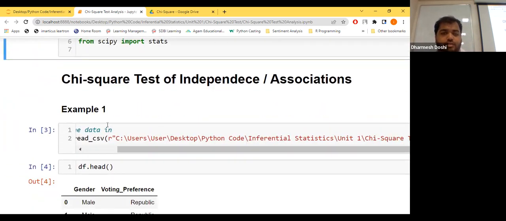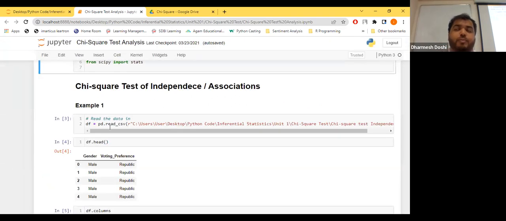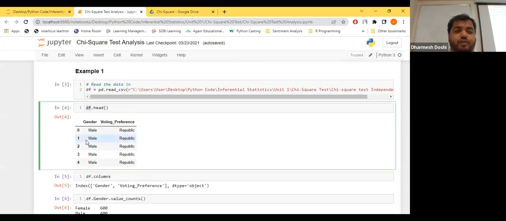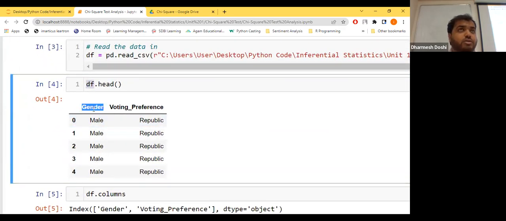First, I import the data, guys. Same thing we have solved prior also, chi-square test of independence. I import data, df, where every person gave votings gender-wise. Here we have three categories of votings: Republican, Democratic, and others. Clear?